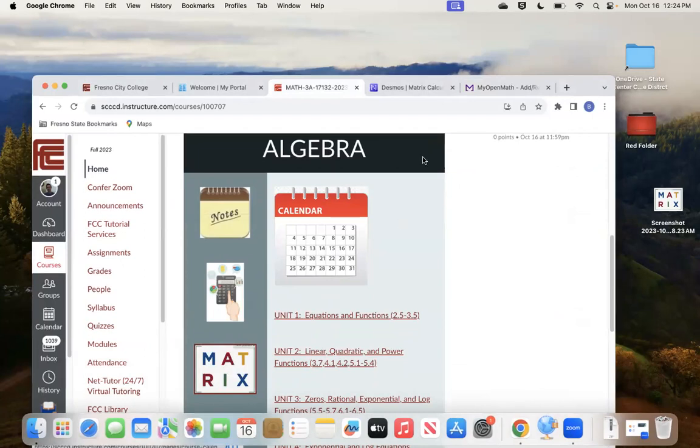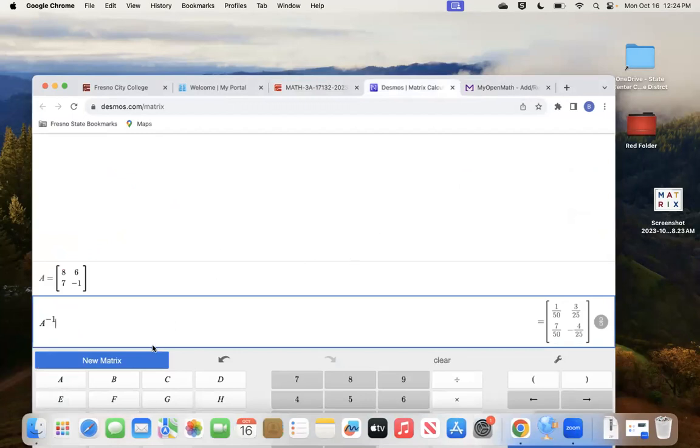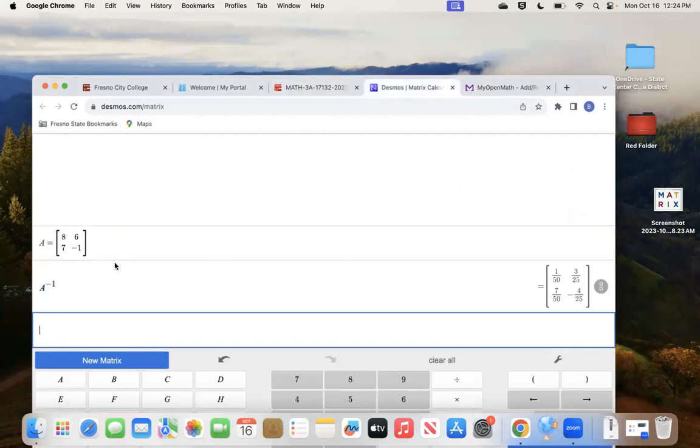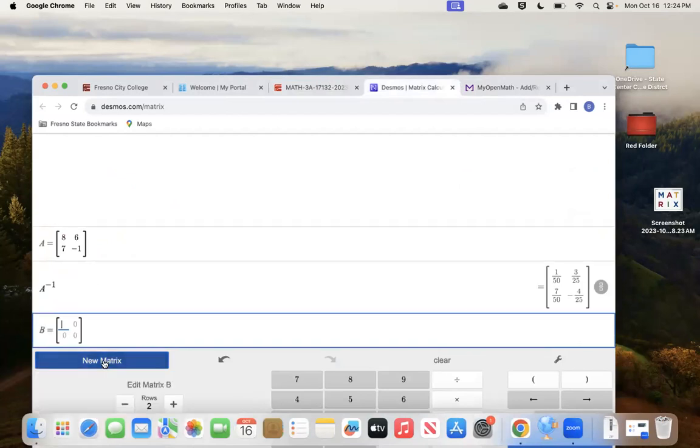I'm going to click on the matrix calculator, and when I do, this opens up, and I've actually done it here. I'll do it again for you. You're going to click new matrix, and it's going to say B. It doesn't matter what letter it says. I'm going to put in the matrix 8, 6. So I'll go 8, and I'm hitting tab, 8, 6, tab, 7, tab, -1, and I hit enter.